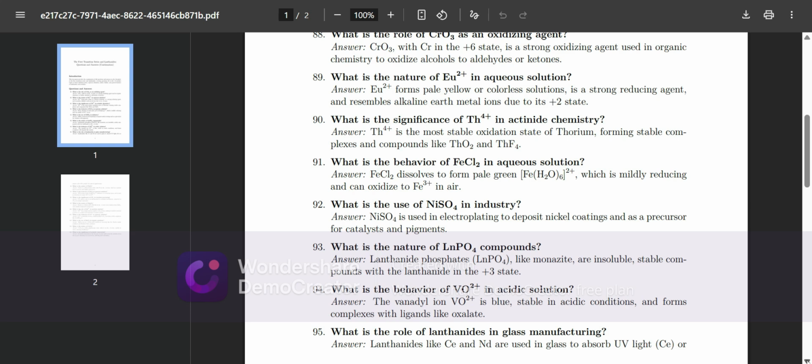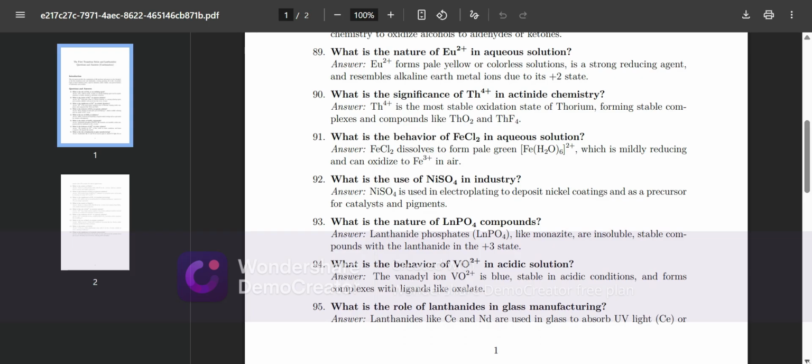What is the significance of Th4+ in actinide chemistry? Th4+ is the most stable oxidation state of thorium, forming stable complexes and compounds like ThO2 and ThF4.